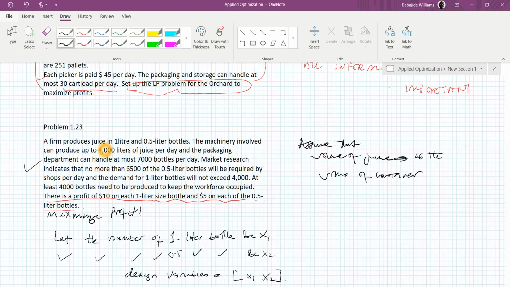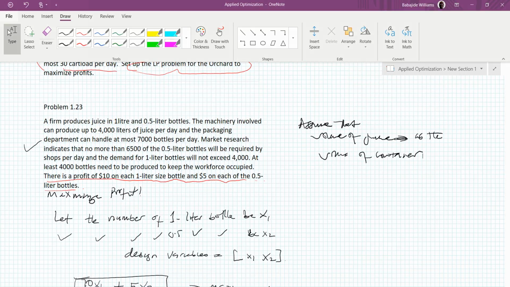The machinery involved can produce up to 4,000 liters of juice per day. Up to 4,000 liters of juice per day. Straight away, I know that is telling me that the content of the juice should not be more per day than 4,000 liters.